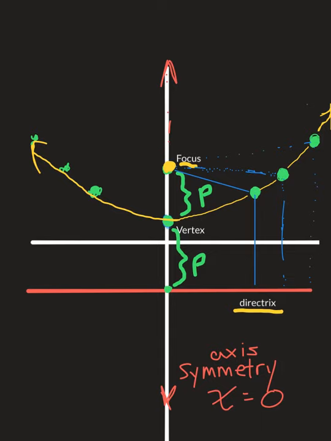It's a parabola because of the definition that I explained to you, where any of these distances from the focus to the point to the directrix, make sure that's a right angle right there, are the same.